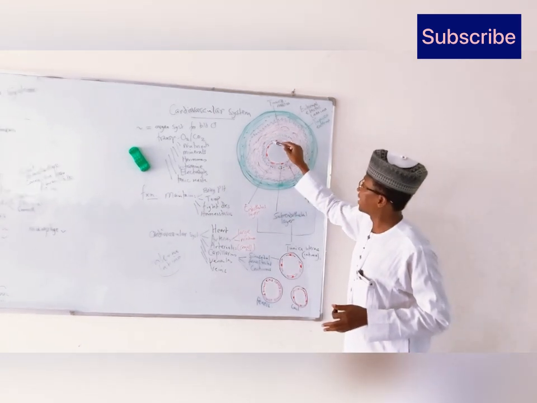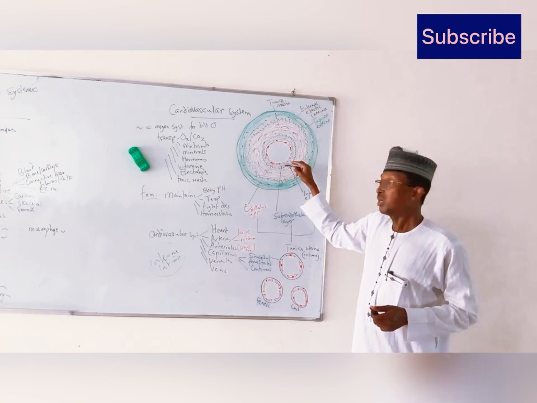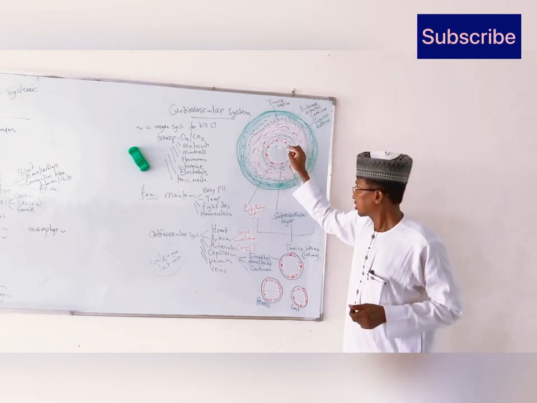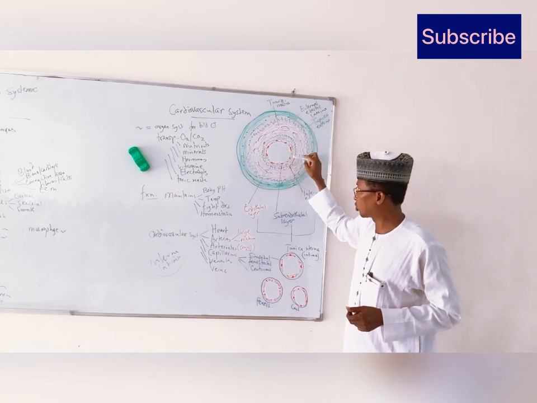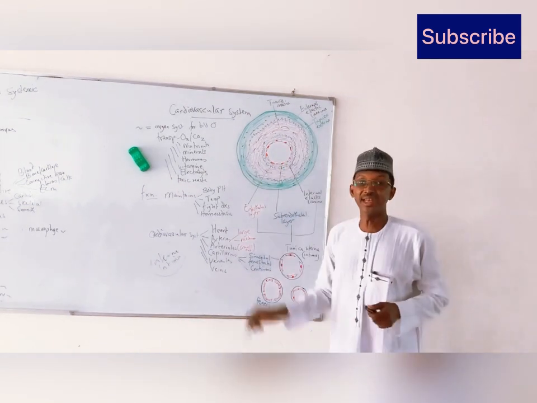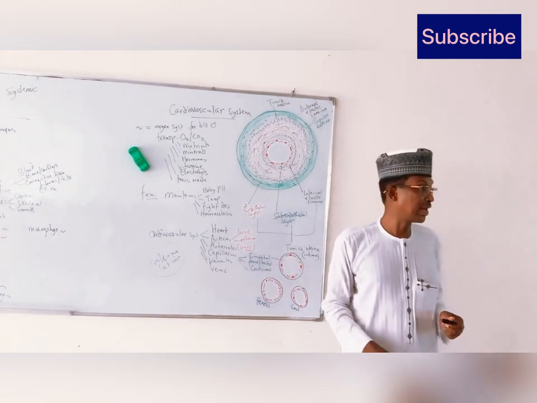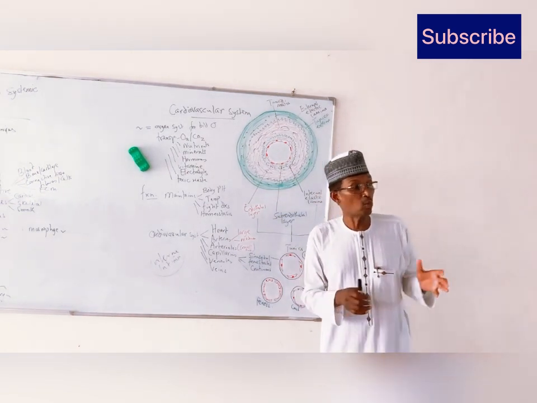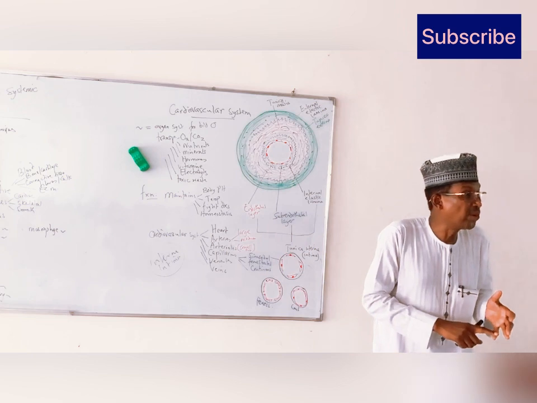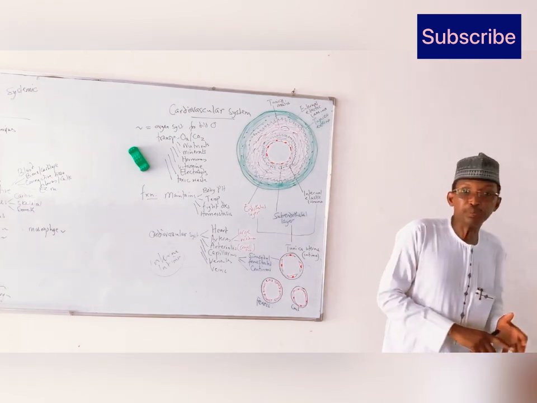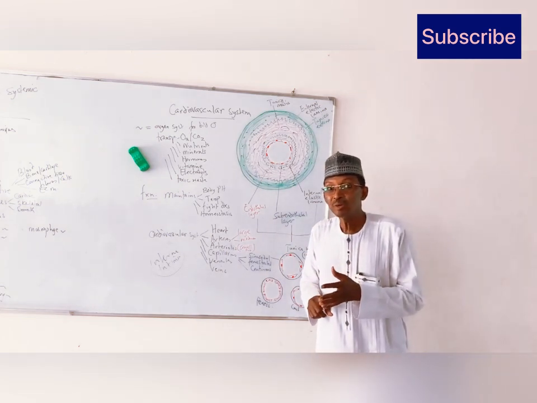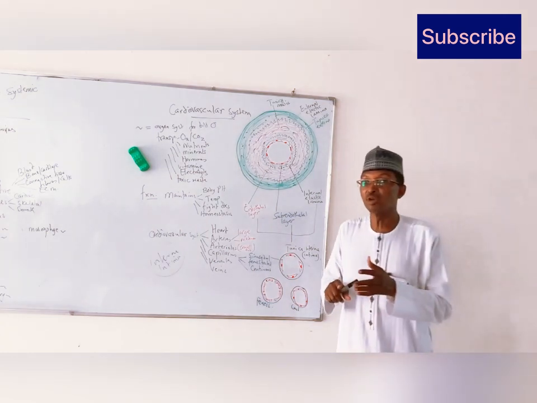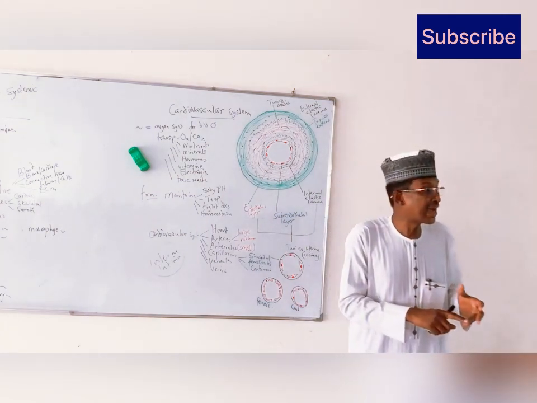Then the tunica intima, as I told you before, is made up of these endothelial cells, subendothelial connective tissue layer, and then the internal elastic lamina. These are the three basic components that one can see whether in a vein or in an artery, be it a small artery, medium artery, or large artery, be it a small vein or a large vein.